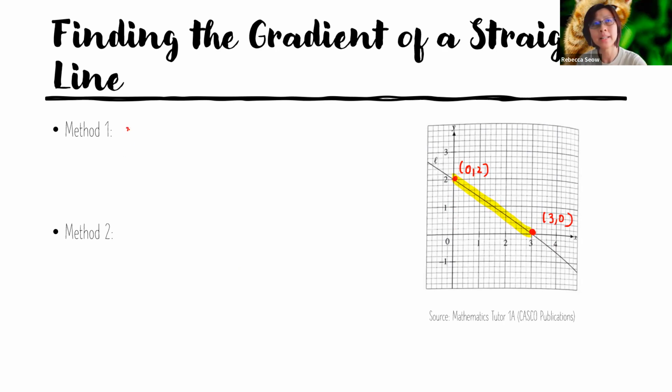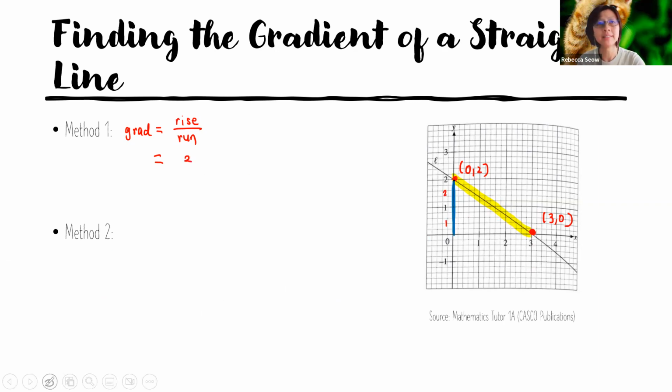So method 1, gradient being the rise over the run. Okay, now what's my rise? What's my run? So if I were to consider rise, this is my rise, okay? So the vertical change. Rise, how many units? So my rise, you realize that it's going up by 2 units.